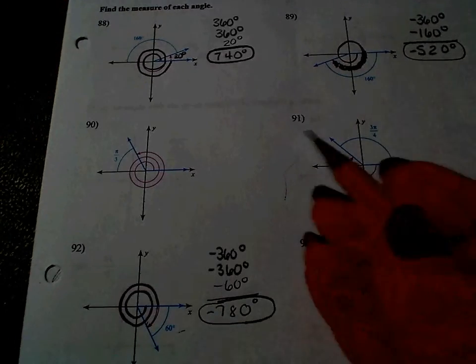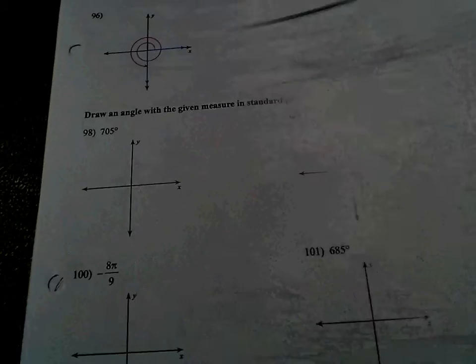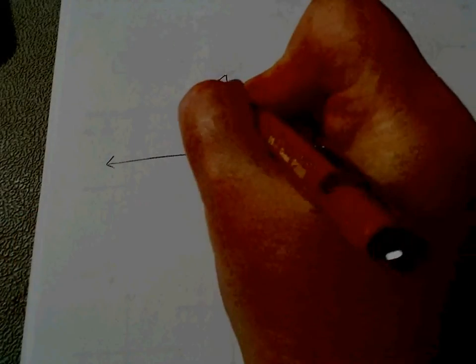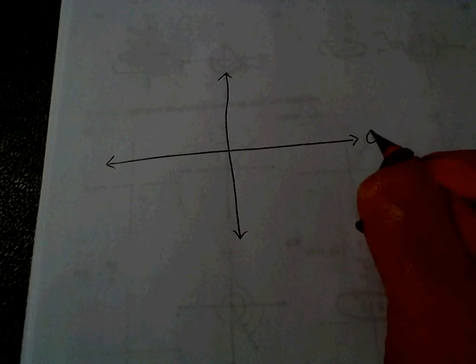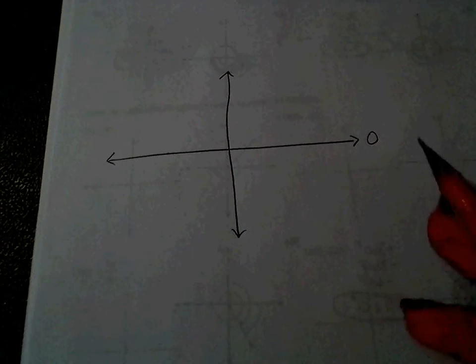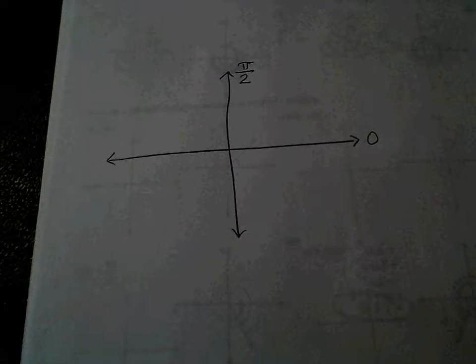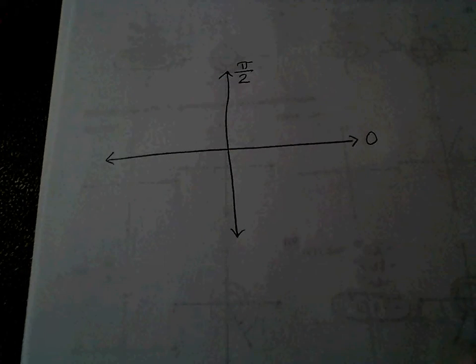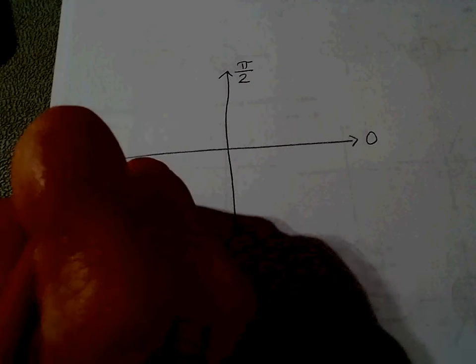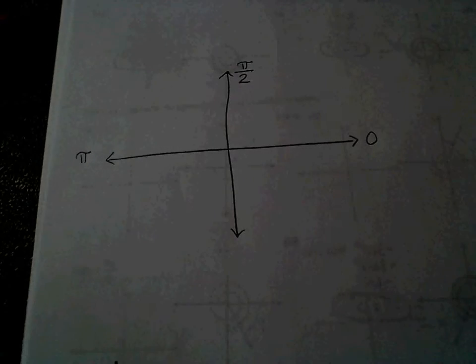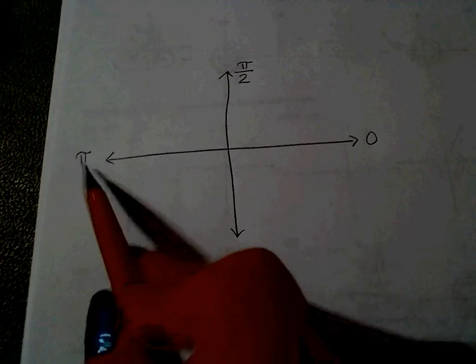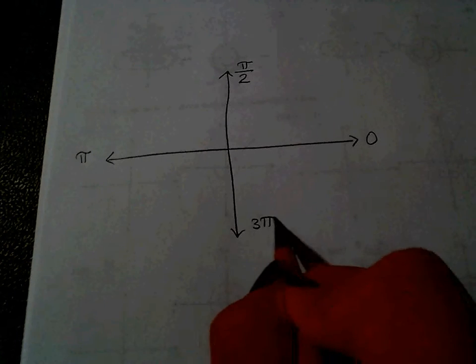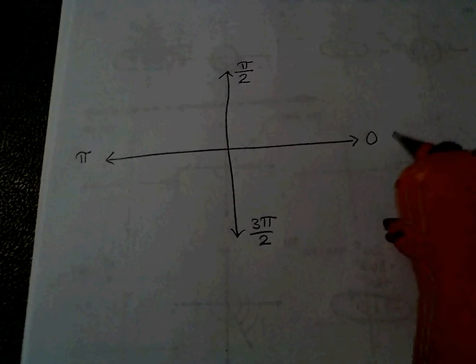So let me, on a blank sheet here, let's put some radians. 0 radians, and there's no symbol for radians. Pi over 2 radians. You might as well memorize that 90 degrees is pi over 2. 180 is pi. 1/2, 2/2, 3/2, 4/2.